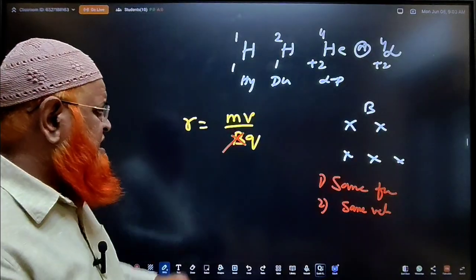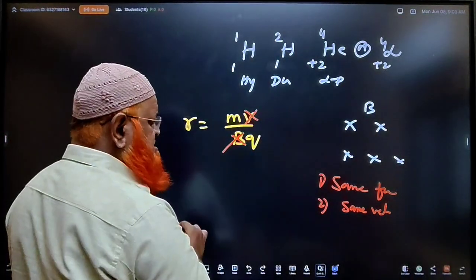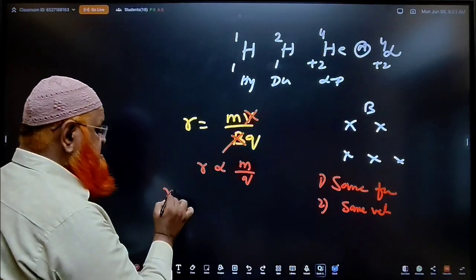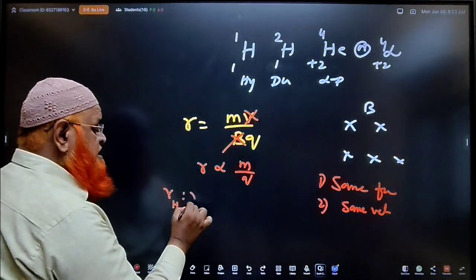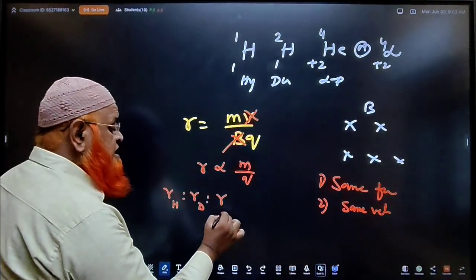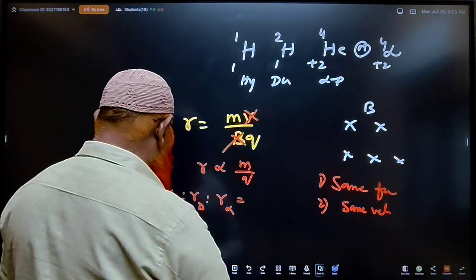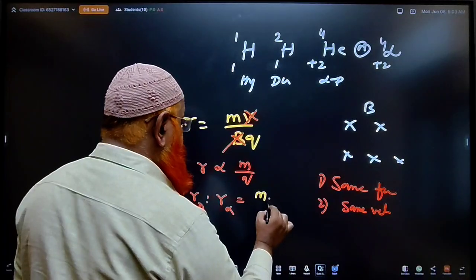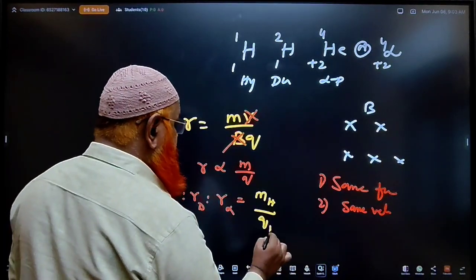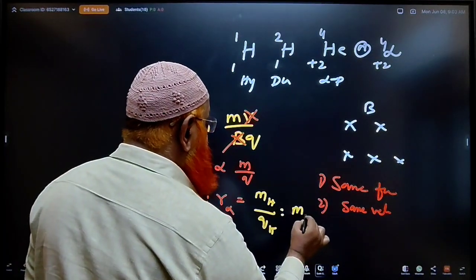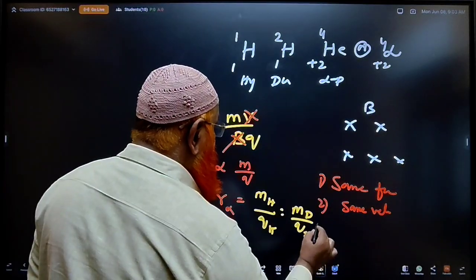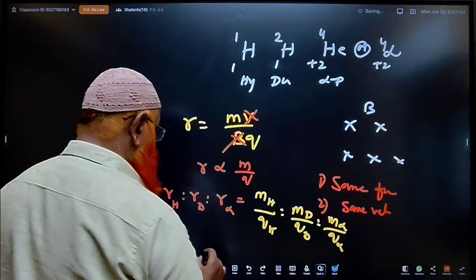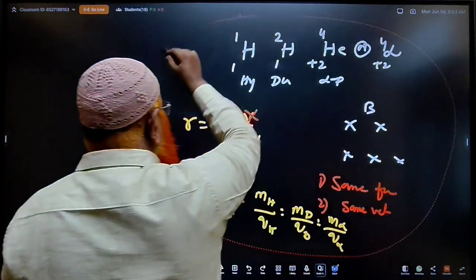Then v is also constant. That means radius is directly proportional to m by q. So we write radius of hydrogen is to radius of deuterium is to radius of alpha particle is nothing but mass of hydrogen by charge of hydrogen is to mass of deuterium by charge of deuterium is to mass of alpha particle by charge of alpha particle.